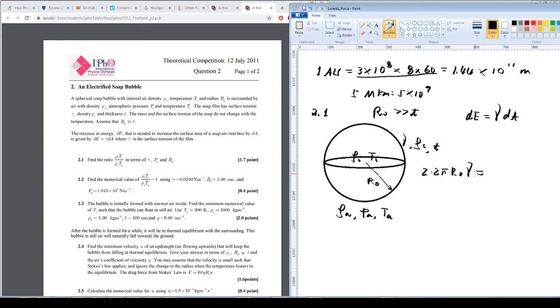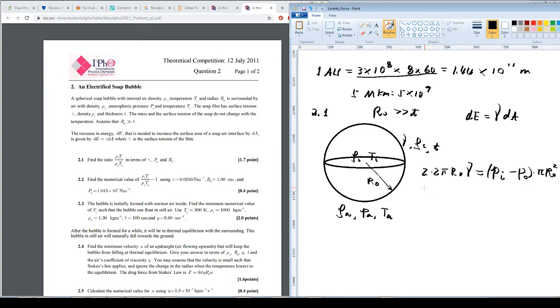That surface tension force is responsible for keeping the bubble in place because there's a pressure difference between the inside and the outside. The pressure inside must be bigger than the pressure outside, otherwise it will collapse. And Gauss's law tells you that the pressure difference essentially works on the cross-sectional area. Okay, so that's the dynamics.